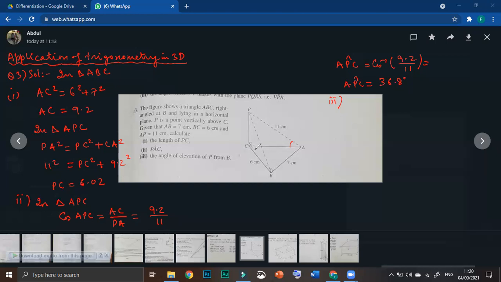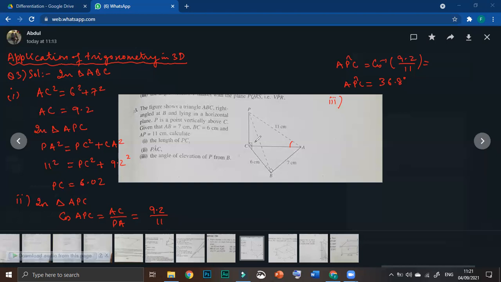But in the diagram, we can see that this one is not a right angle triangle. The key point in this chapter is, if in the practical situation the triangle is right angle, and on the diagram we cannot see that the triangle is a right angle.